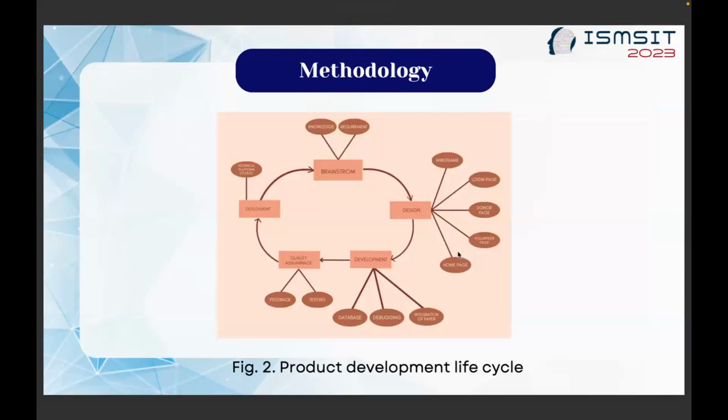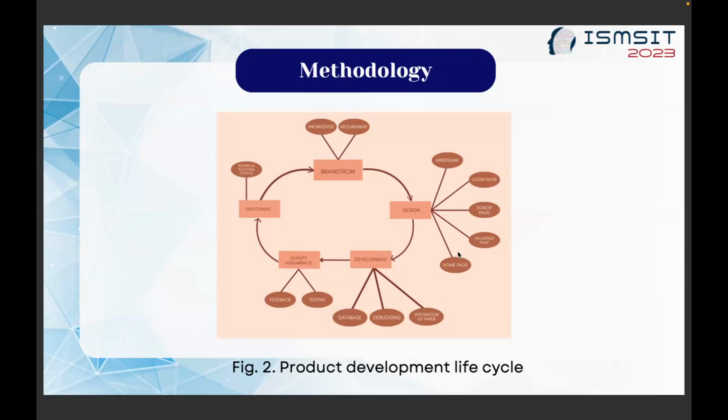There are different stages through which we have passed this product. Specifically, the product development life cycle is as you can see in the picture right now. First, the brainstorming session consisted of knowledge representation and requirement gathering. Then the design part involved building wireframes: login page, donor page, volunteer page, home page, admin page.